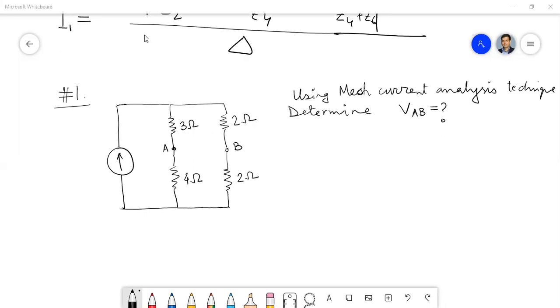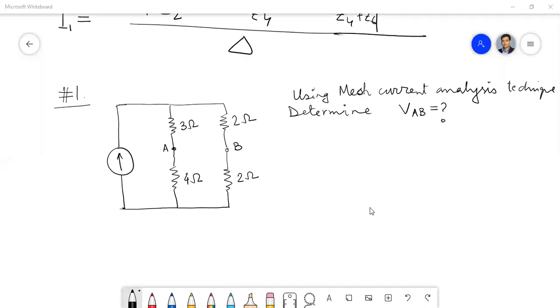So, will anyone suggest how we can apply the mesh current technique here? Anyone? Is the technique not clear to you?